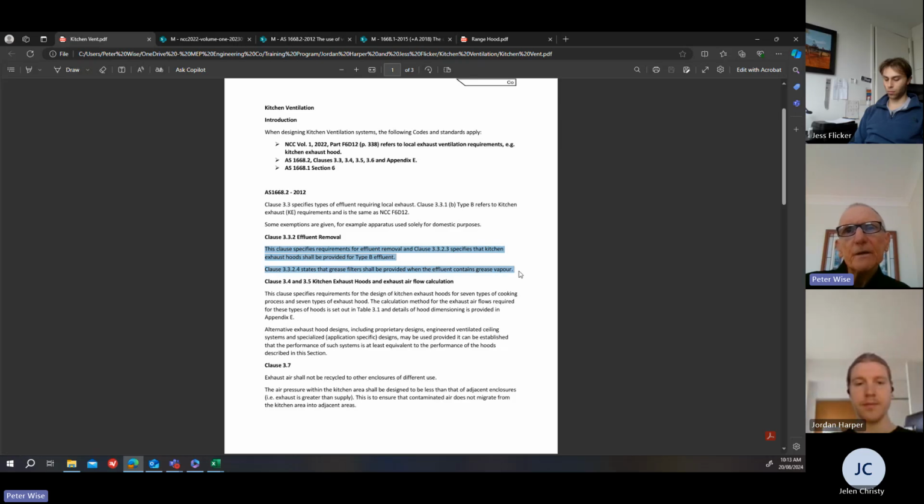So the standard commercial kitchen hood will have grease filters to try and trap as much grease as possible before it enters the ductwork and goes through the whole system. So you try and stop the grease getting through the duct, but some will go through, and over time that will build up in the ductwork.